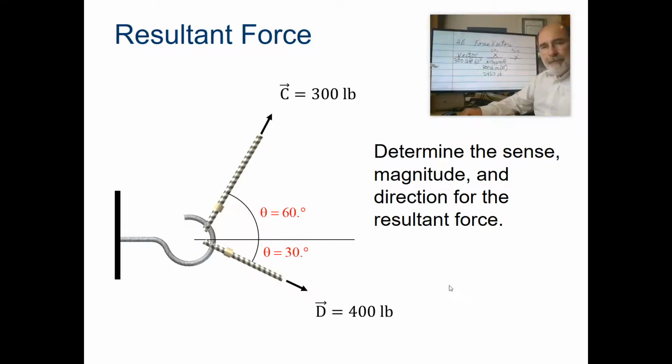For the y component of vector C, so all this is vector C, it would be the hypotenuse times the sine of the angle, in this case, angle theta that's given.